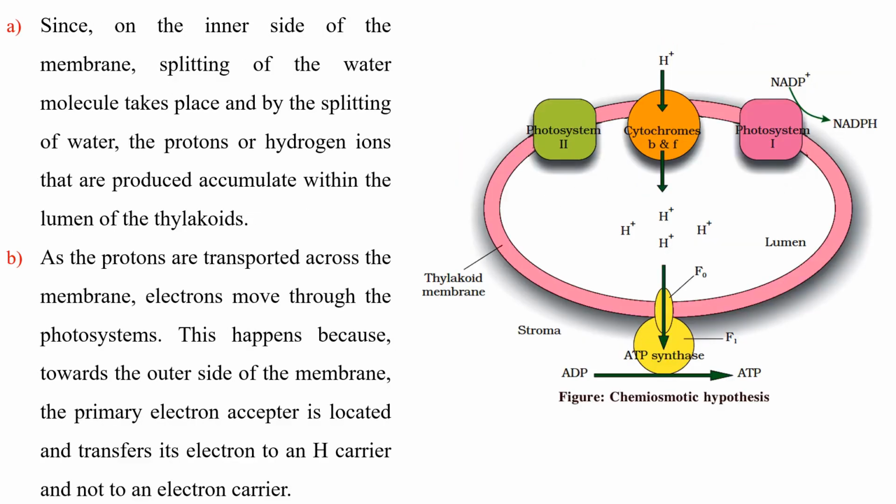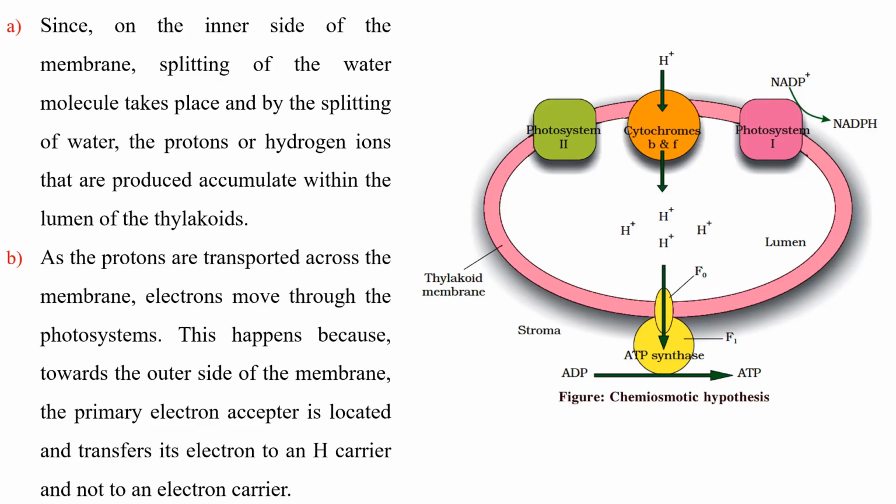A. Since on the inner side of the membrane, splitting of the water molecule takes place, by the splitting of water, the protons or hydrogen ions that are produced accumulate within the lumen of the thylakoids. B. As electrons move through the photosystems, protons are transported across the membrane.